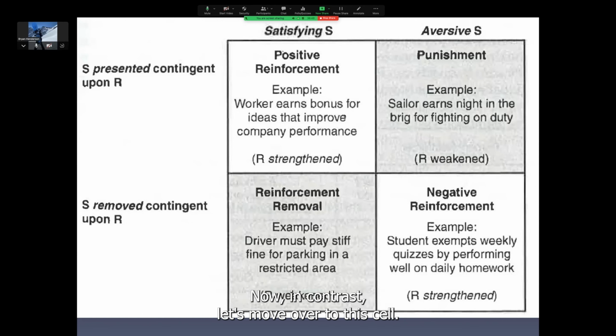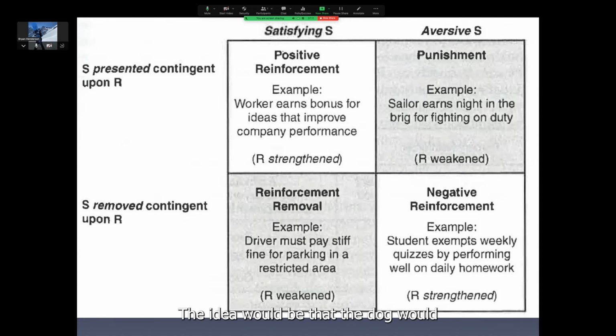Okay, now in contrast, let's move over to this cell. This is also presenting something, but now it's presenting something that the learner does not want. So let's say you have a pet and the pet does something you don't want the pet to do. If you were to present something to the pet that the pet did not like, that would be an example of punishment.